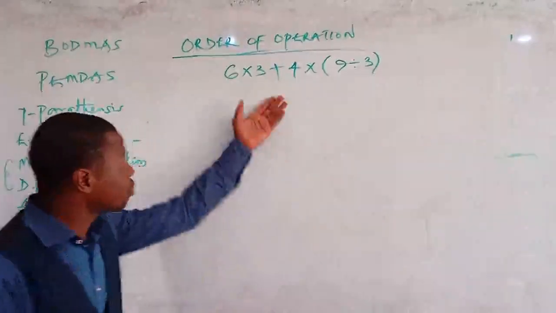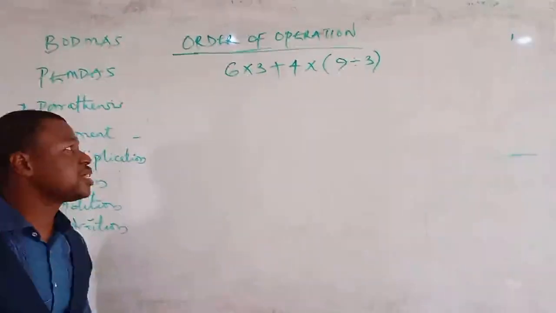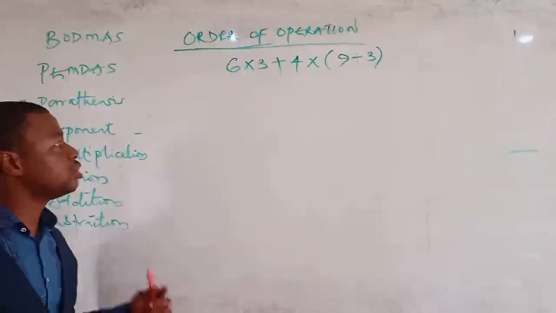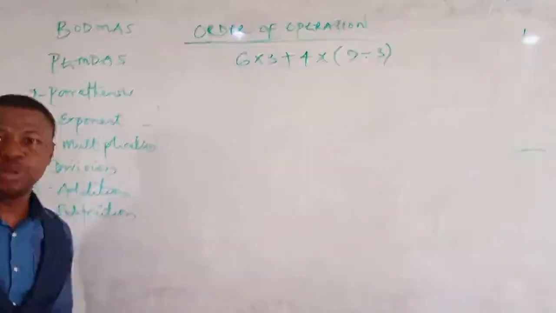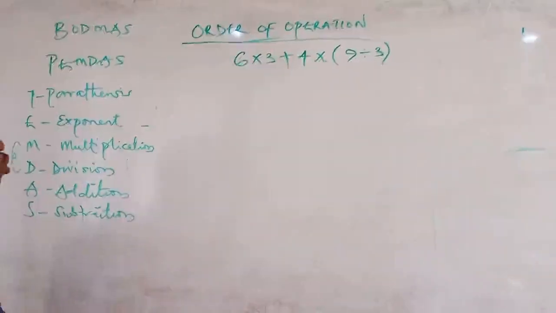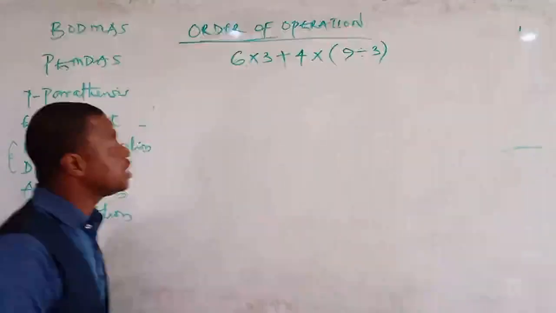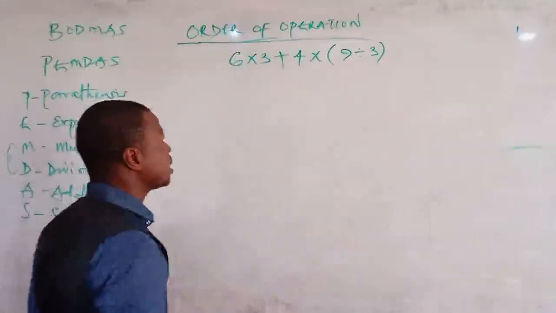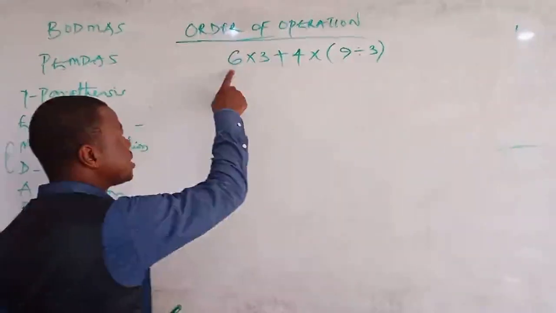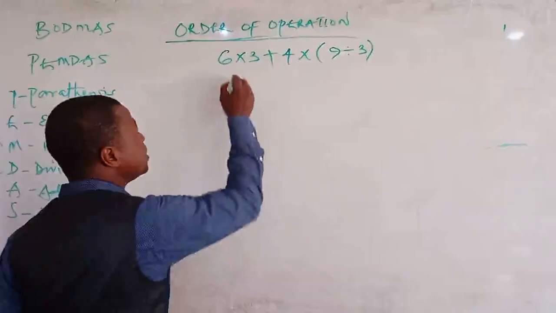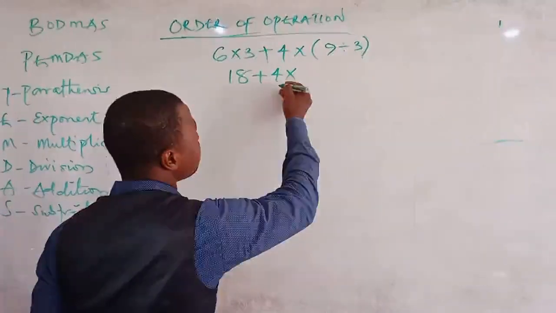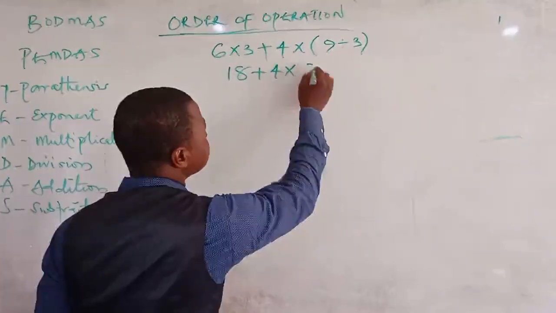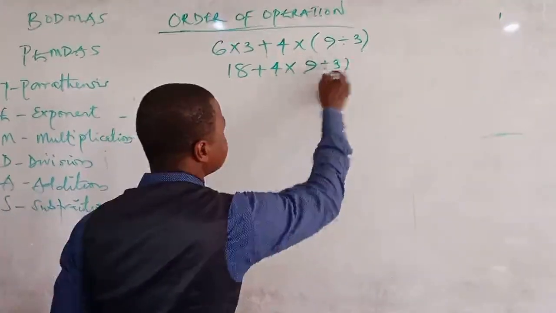If this kind of question is presented to a student and he is oblivious of the order of operation, and he decides to solve from left to right, this is what it's going to look like. 6 multiplied by 3, that is 18, plus 4 multiplied by 9 divided by 3.